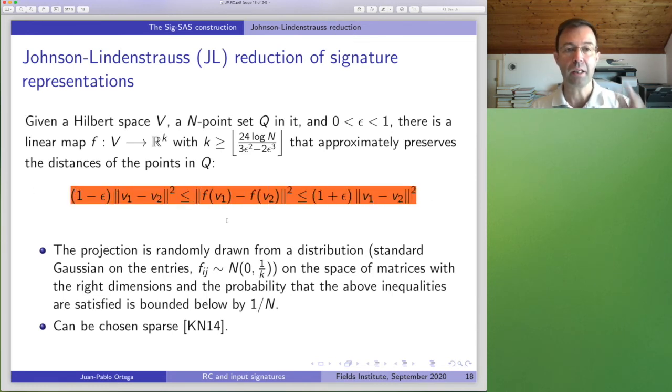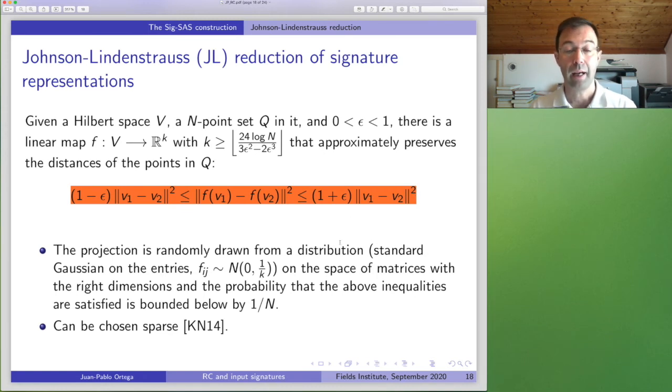Okay, so there are three ingredients: the epsilon, so how well you want to respect the distance between the projected points; the k, the dimension of the projected space, so the smaller the epsilon, the higher the k is going to be; and then the probability, if you draw randomly this projection, that this expression is respected.